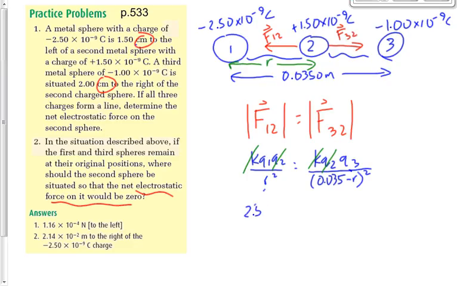Kathleen, positive or negative? It's negative, right? Do we plug it in as negative? No, we always drop the negative. Over R squared equals, what do we got here for number 3? It's also positive. Drop the negative, right? 1 times 10 to the negative 9 coulombs over 0.035 minus R.